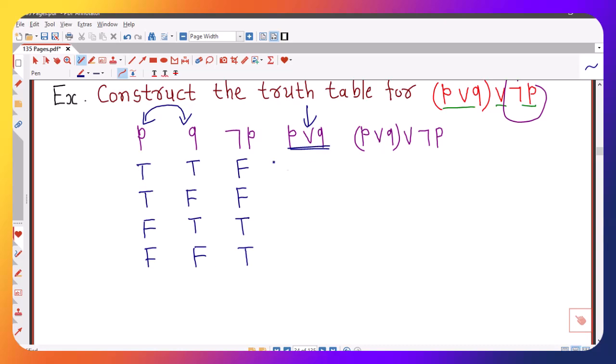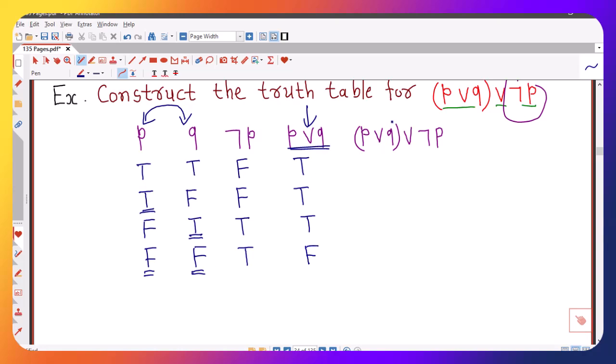So we can see here both are true, therefore this is true. Here P is true, therefore P or Q is true. Here Q is true, therefore this is true, and here both are false, therefore this has truth value false.